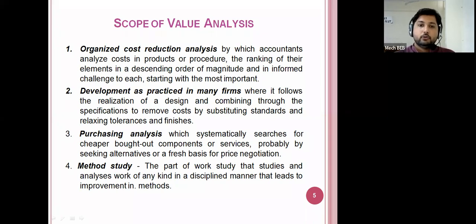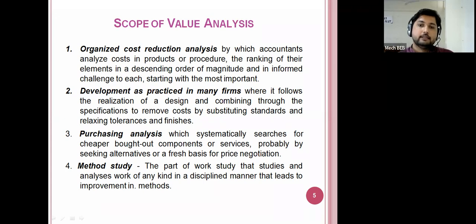Descending order means the processes which require the highest cost will be given the highest preference, and the processes which have the lowest cost will be given the lowest preference.